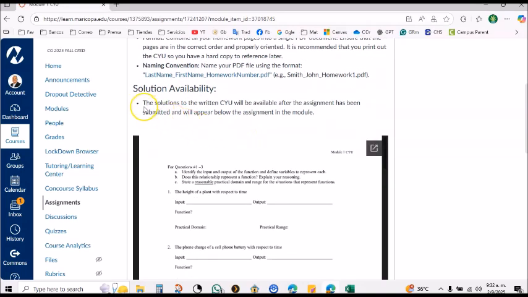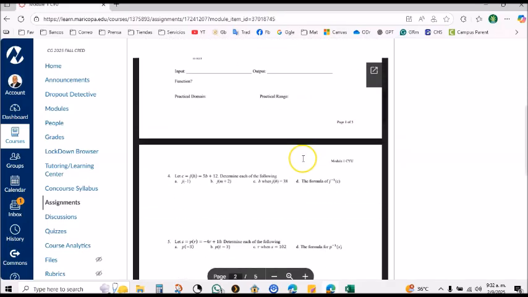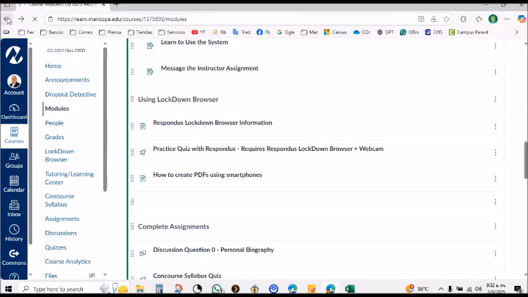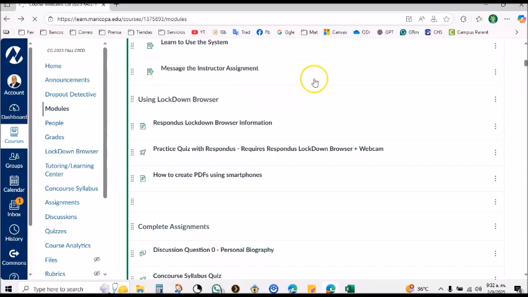And then the solution of the written check your understanding will be available after the assignment has been submitted and will appear below the assessment in the module. This is mandatory, the check your understanding.